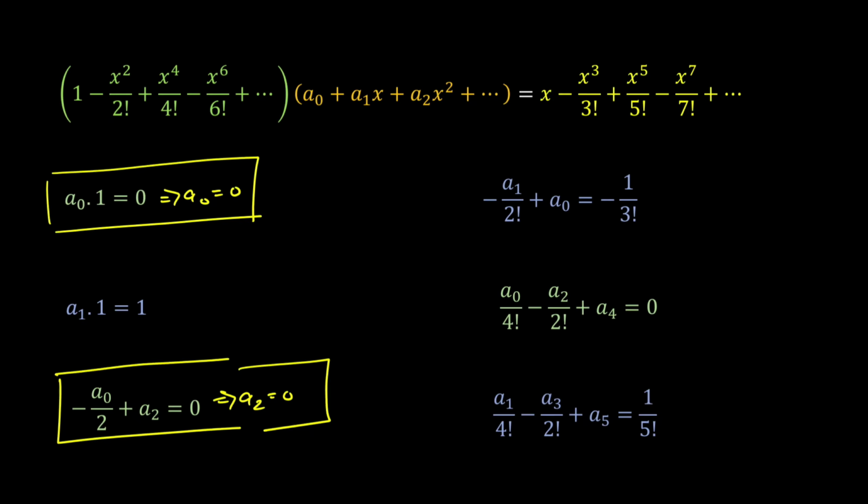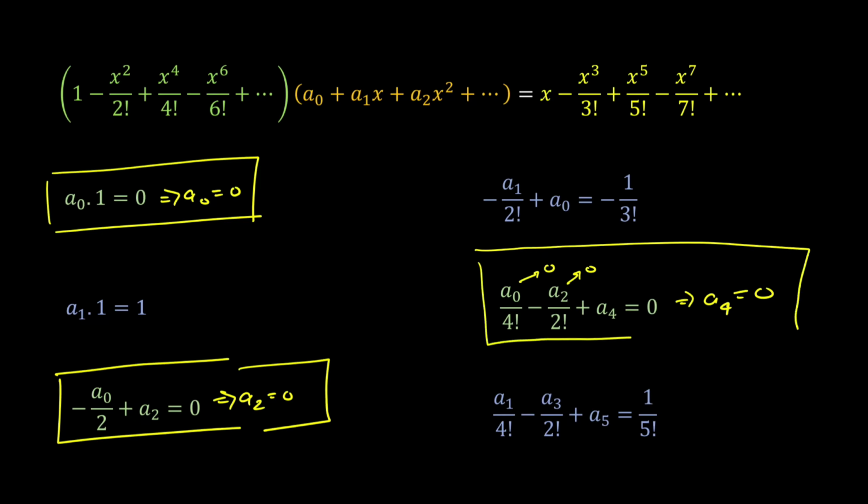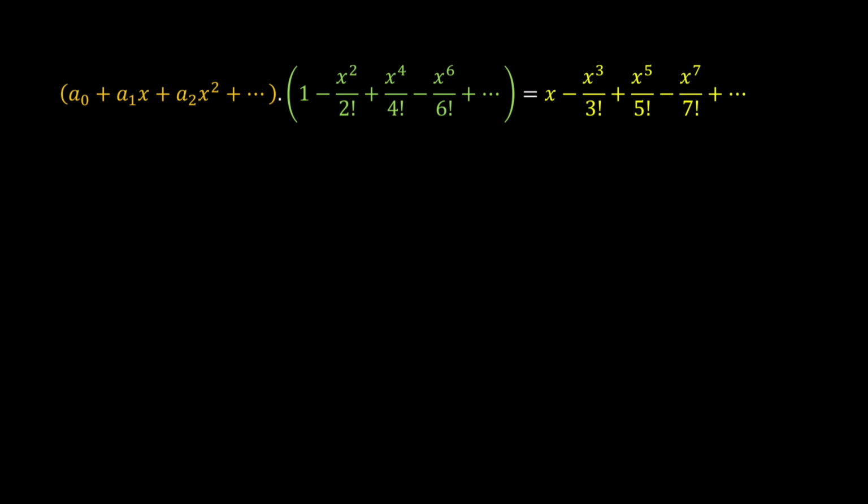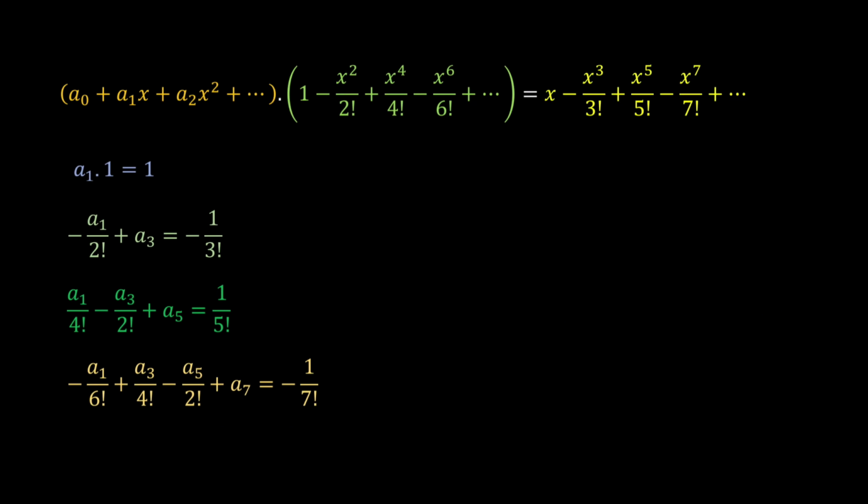Now if we put a0 and a1 in this equation, we get a4 equals 0. So we can observe that a0, a2, a4, etc., the coefficients of the terms containing even powers, are all 0. Now we are left with the coefficients of terms containing odd powers, right?